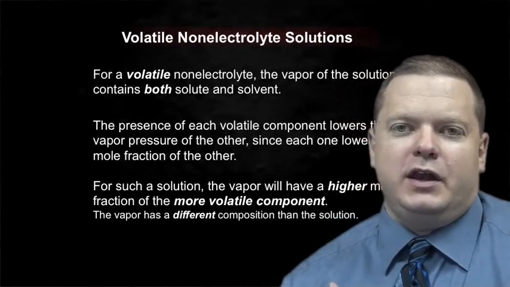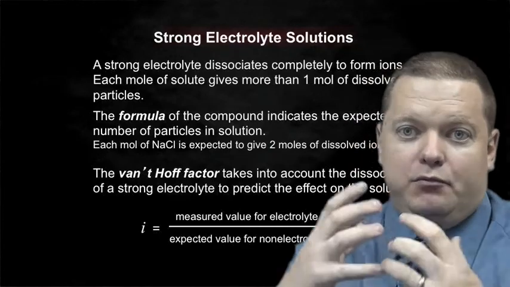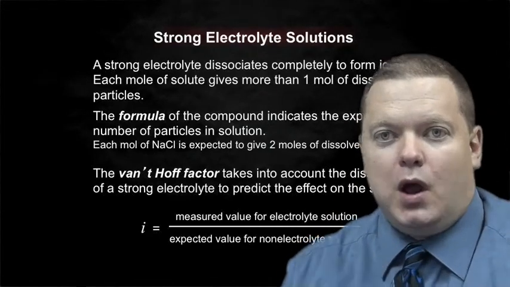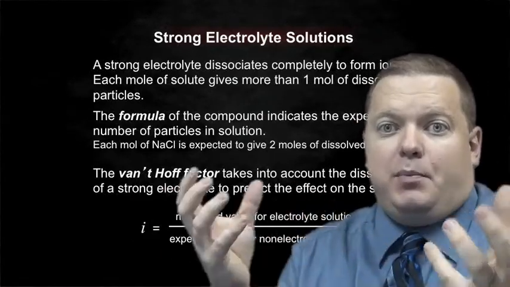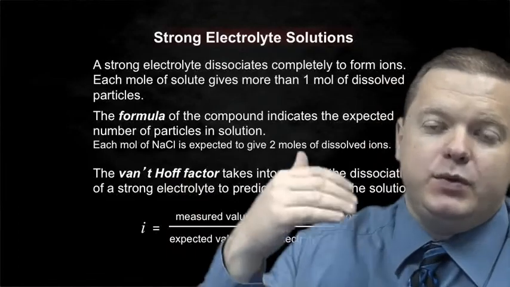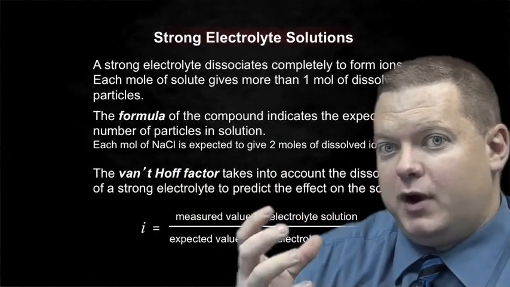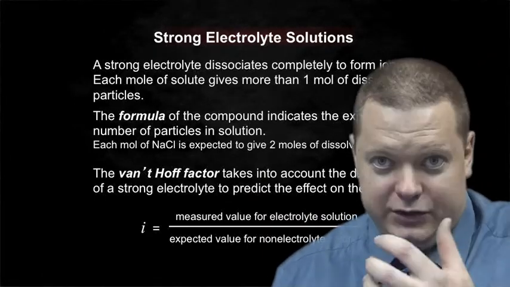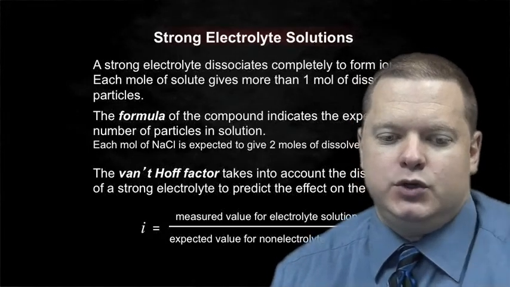So for all of these colligative properties, we've talked about how we can calculate them based on molality or molarity. For strong electrolyte solutions, when they break apart, they're going to break apart into various ions. So we have to relate the number of particles present using what we call the Van't Hoff factor, which is related to how many ions we get when they form a solution.